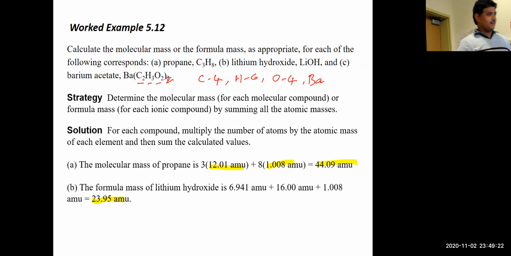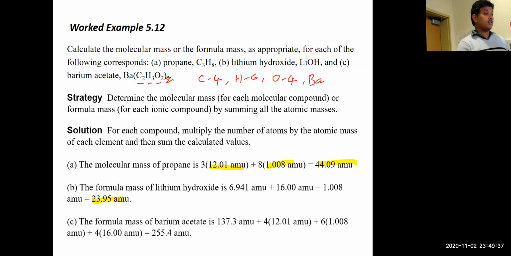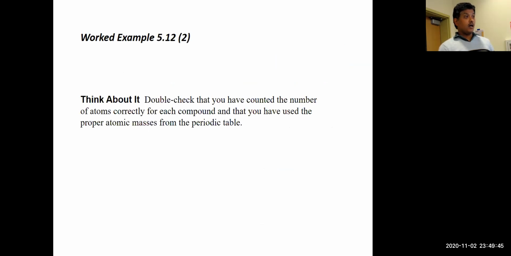All right. Now practice is similar. To identify the formula mass, from the periodic table identify the atomic mass unit for each single element and multiply those many times to get the formula mass of barium acetate as 255.4 atomic mass units. That's all you need to do.